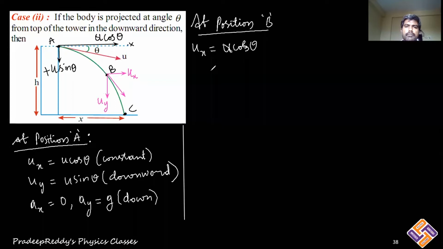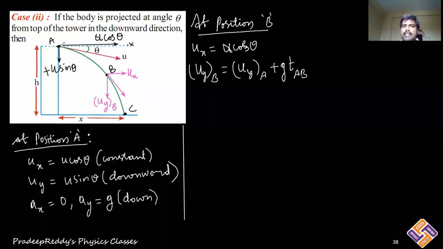Now along the y direction you can write the velocity u_y at position B is equal to u_y at position A plus acceleration due to gravity into the time taken to travel from A to B. Why am I taking u_A here?